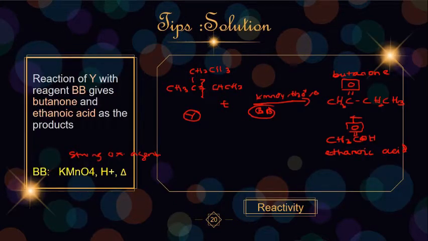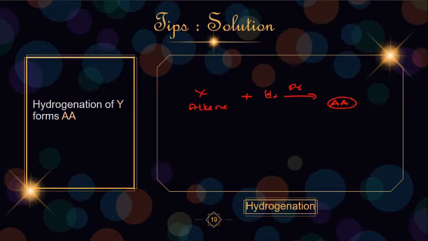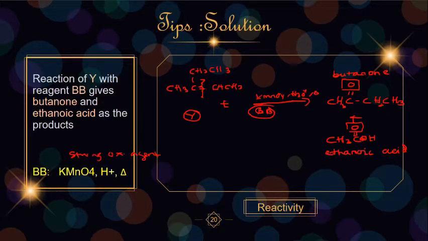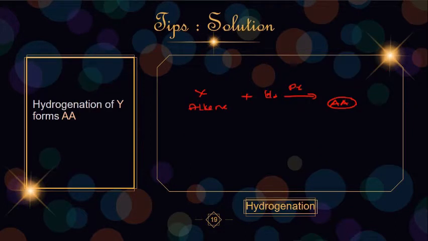Okay, tadi kita dah bincang, kita dah dapat structure untuk apa sekarang ni. Okay, kita dah dapat structure untuk BB, alright, dan kita dah dapat structure untuk Y. So kita boleh pergi ke atas ni lah, sebab kita dah tahu what is our alkene kan. Bila kita dah tahu apa kita punya alkene, CH3 bonded with, okay, I letak CH2, CH3 kat sini.